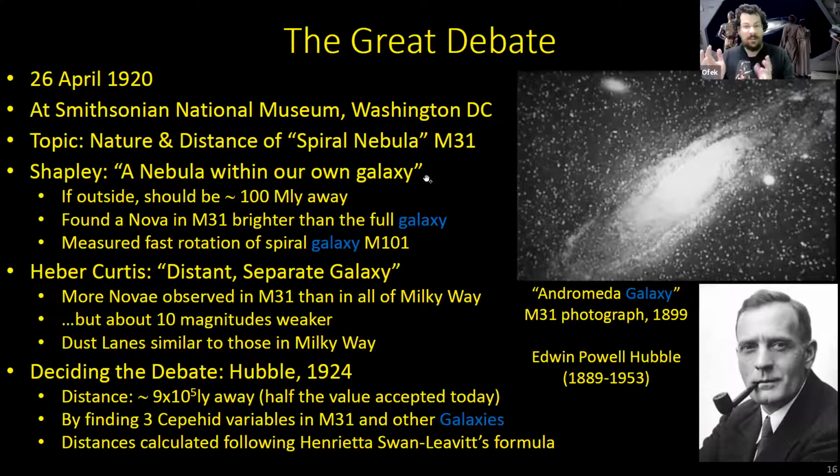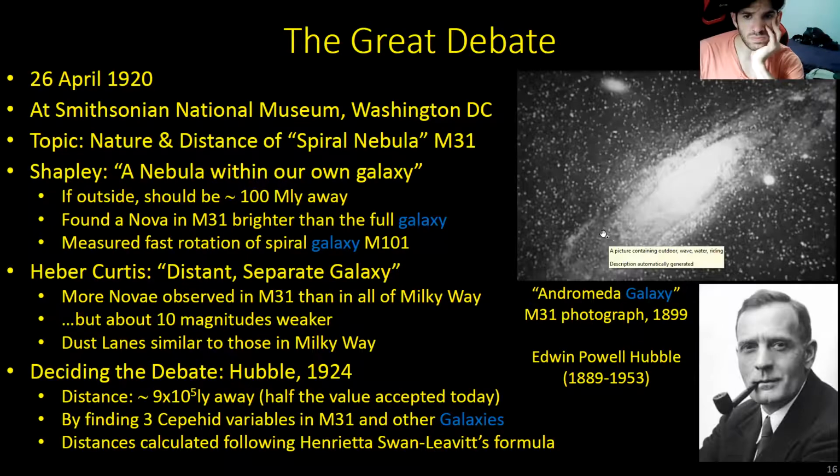So Shapley established the shape of our own galaxy. He got the M31 question wrong, but then Hubble built on that, corrected the distance estimate, and proved that all these other objects were in fact separate galaxies. Now, of course, if you look at this image again, you can see another galaxy in it, right?